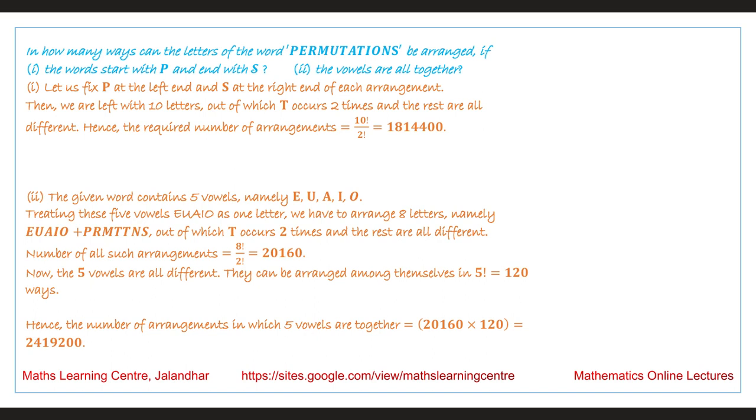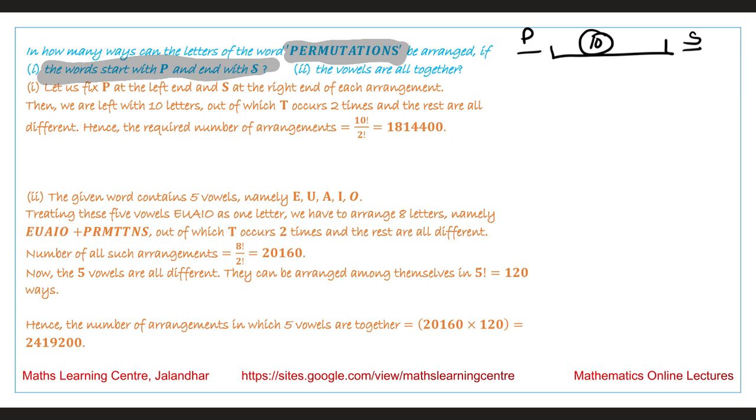Next: how many ways can the letters of the word PERMUTATION be arranged? The first case is the word starts with P and ends with S. So the number of letters we are left with is 10, and out of these 10 letters, T occurs twice and all others are different.